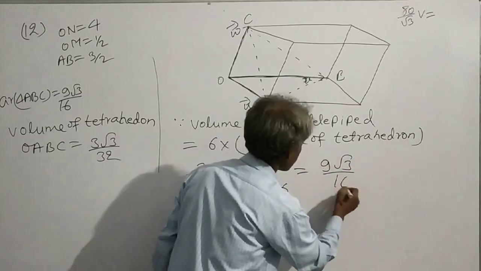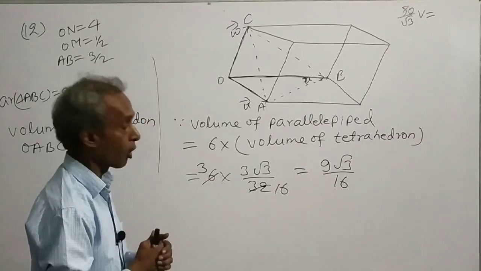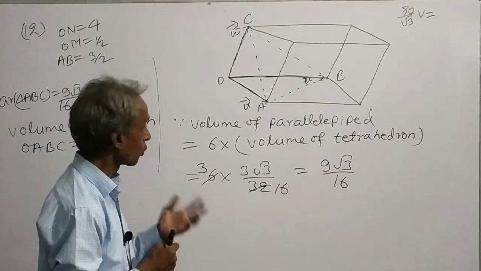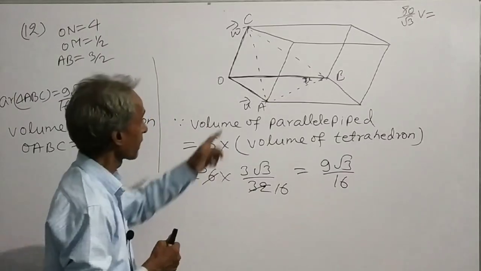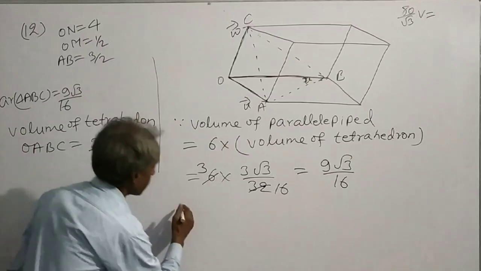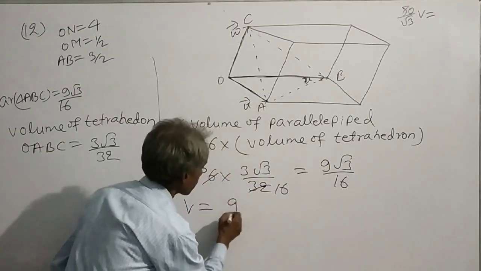In the question it is given that V is the volume of the parallelepiped whose 3 coterminous edges are U, V, W. That means V is equal to 9 root 3 by 16.